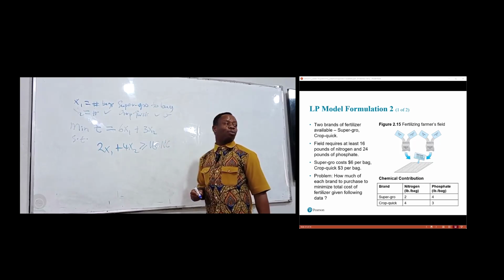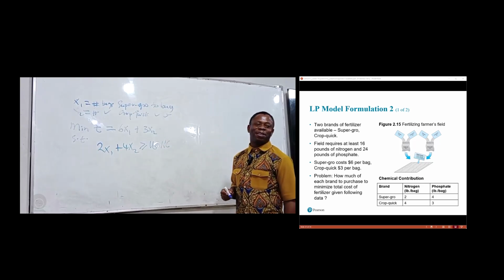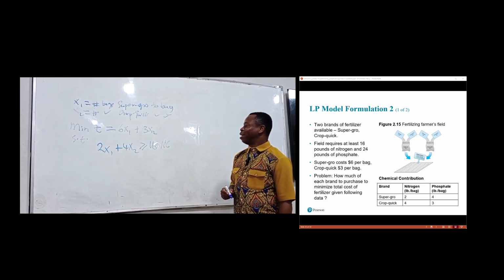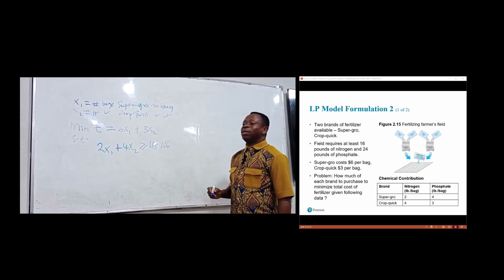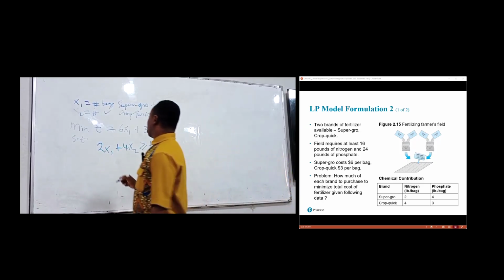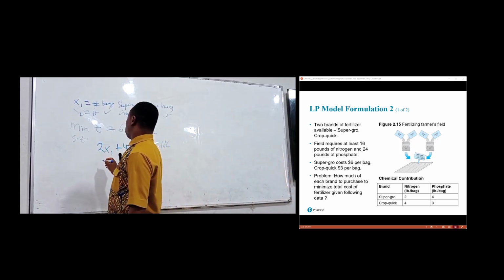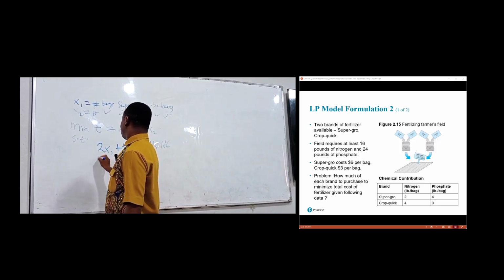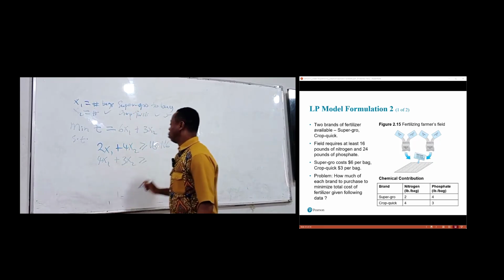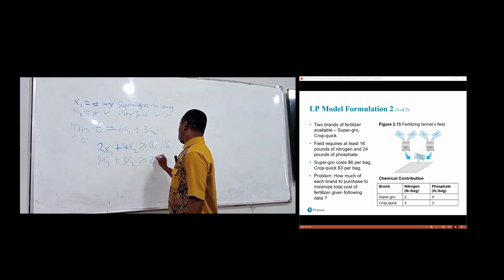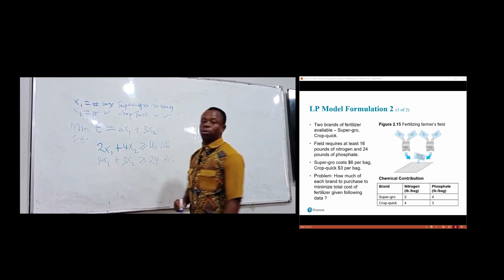You are monitoring the process, I'm happy about that. Then you can now have the phosphate constraint, which is what? 4x1 plus 3x2 is greater than or equal to what? 24. So this is the phosphate constraint.